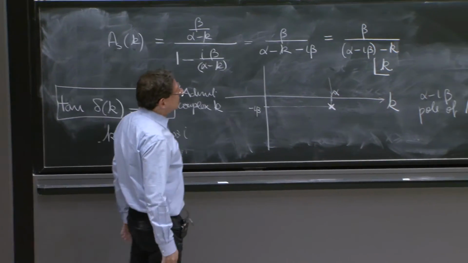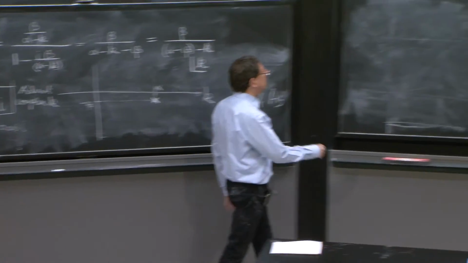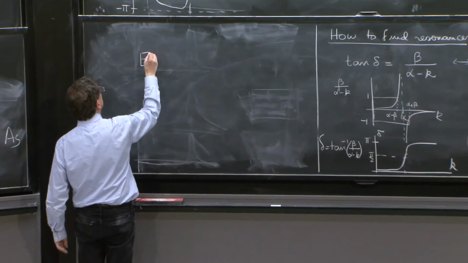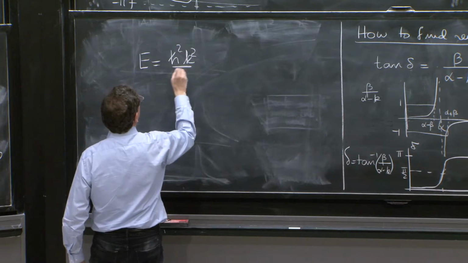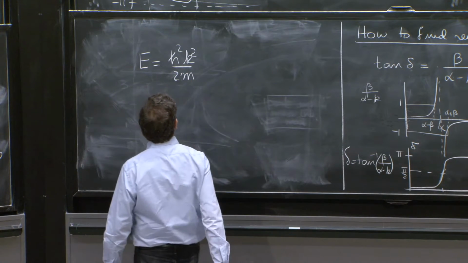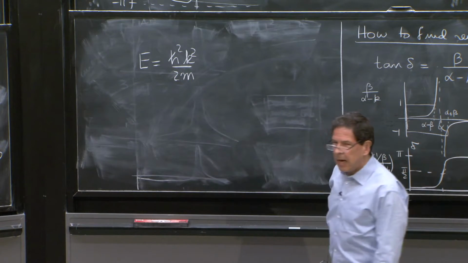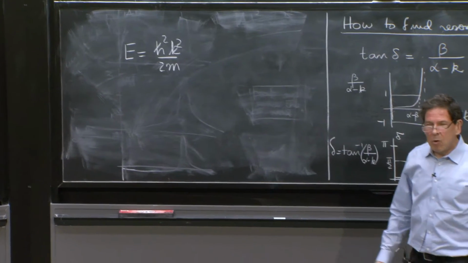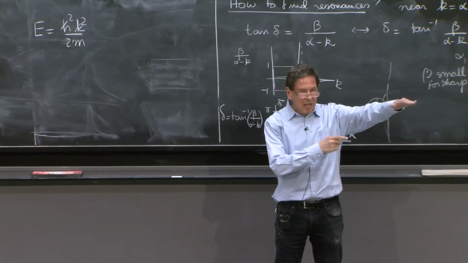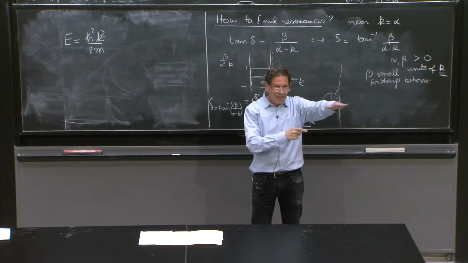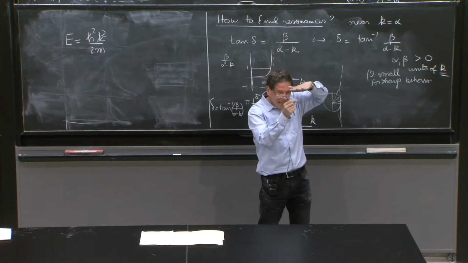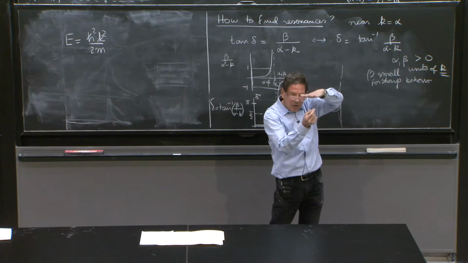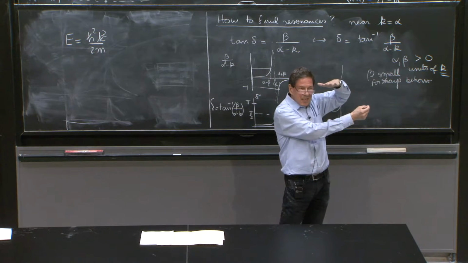But now you can say, look, actually, you have E equal to h-bar squared k squared over 2m. And, okay, we have real k's. This is the physical scattering solutions. Complex k's, those are resonances.